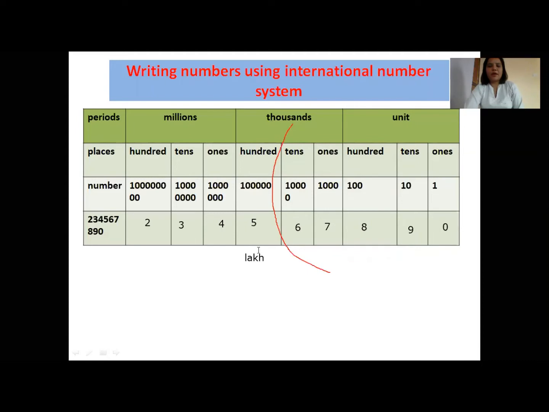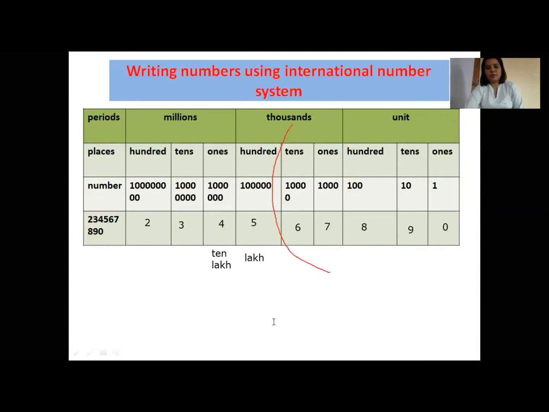So we can read lakh as 100,000 in international system. So we have 10 lakh after the lakh in Hindu-Arabic system.